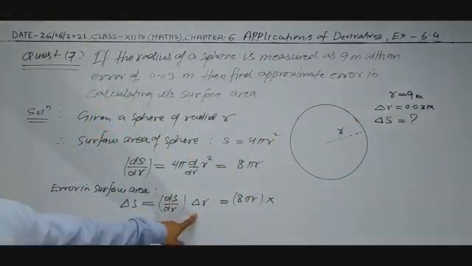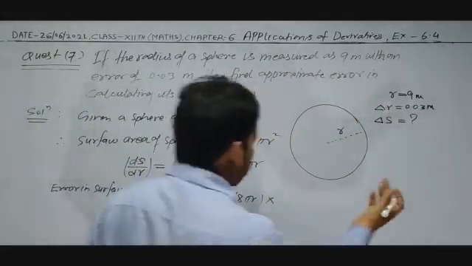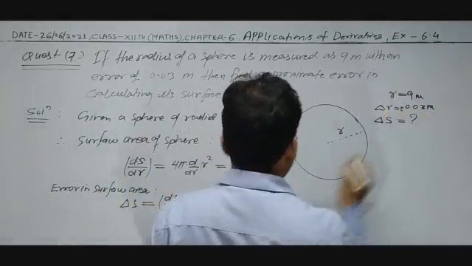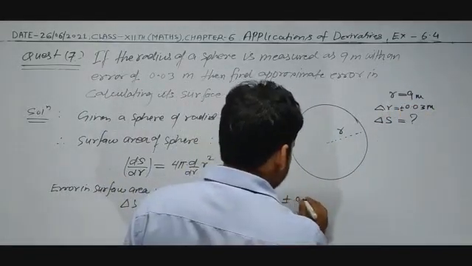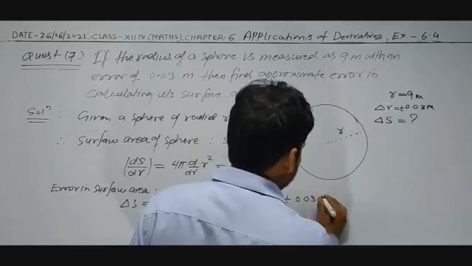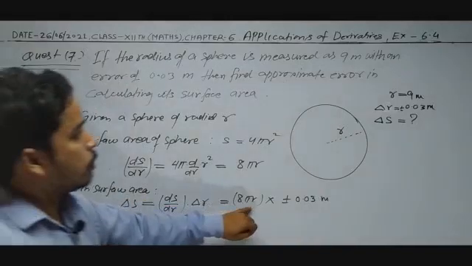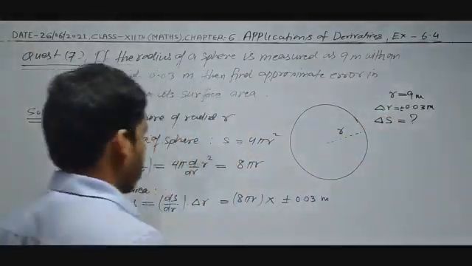But this is an error, increasing or decreasing, we don't know, so you will use the plus minus sign. So plus minus 0.03 meter, and the r value, you know, r is equal to 9 meter.